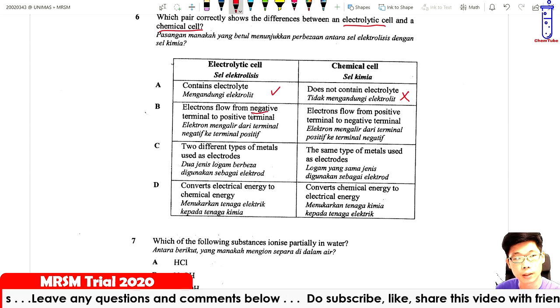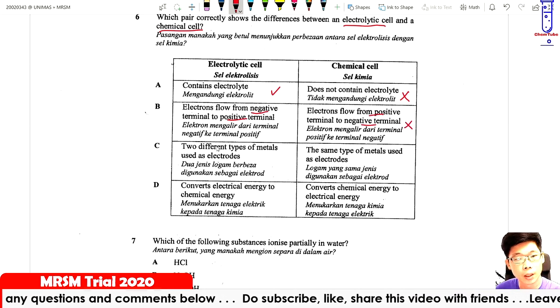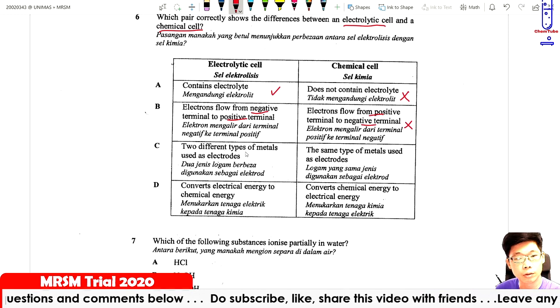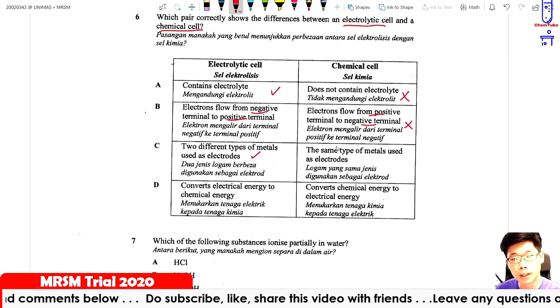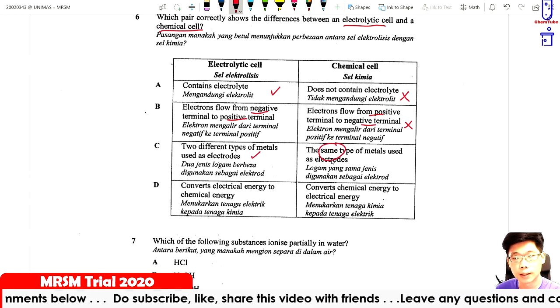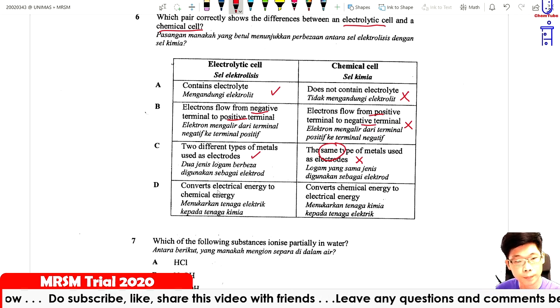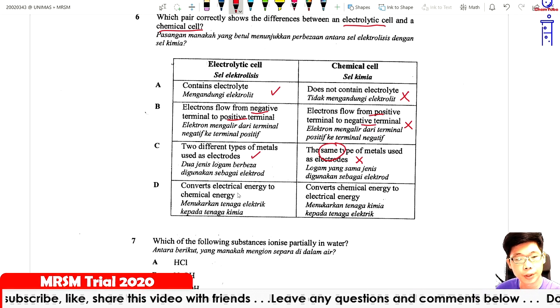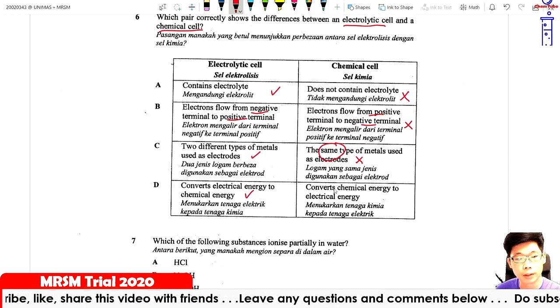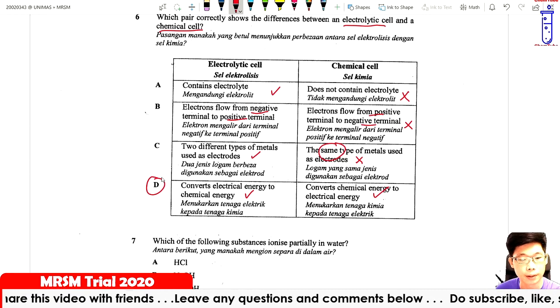So this one is reversed, so wrong. Electrolytic cell, 2 different types of metal? The chemical cell cannot have the same type of metals, so this one cannot. Electrolytic cell converts electrical energy to chemical energy. Yes, and chemical to electrical. So D is the answer.